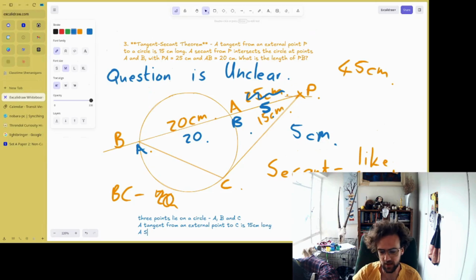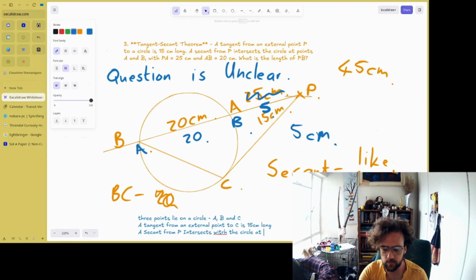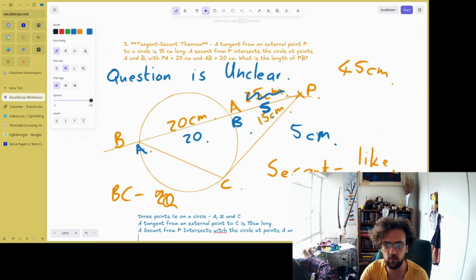A secant from P intersects with a circle at points A and B. We still want that.